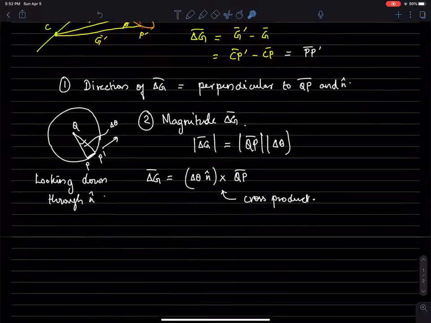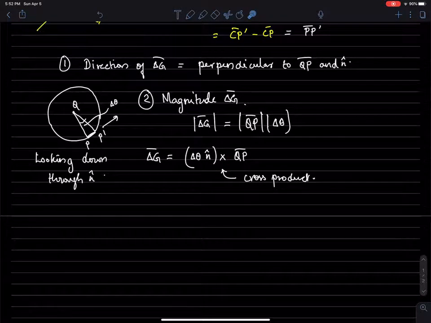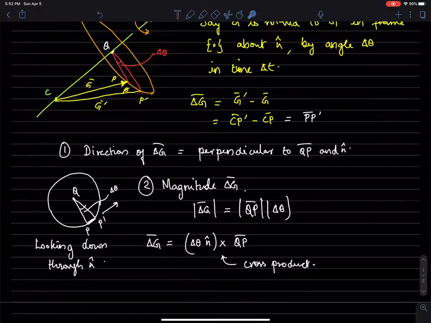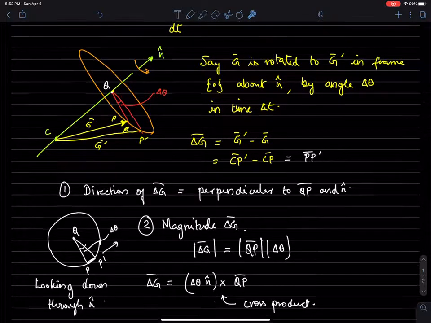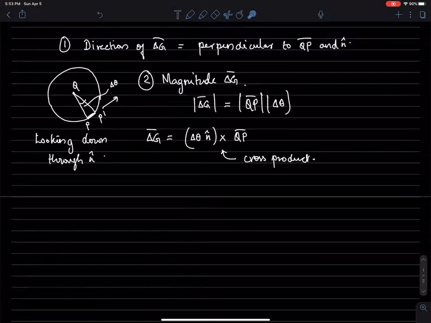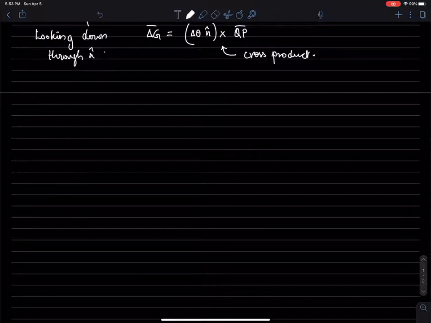Okay, so this expression for delta G that we just wrote down agrees with these two properties that we derived for delta G based on this picture. So this is it. That's delta G. That gives you the change in G for a small amount of time.